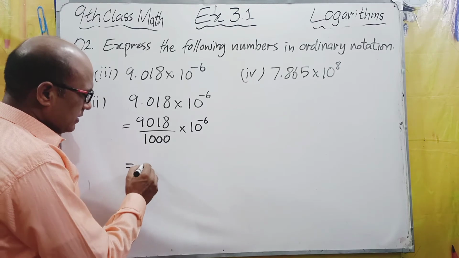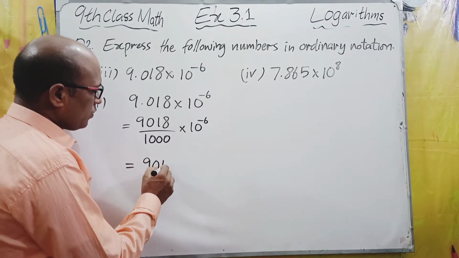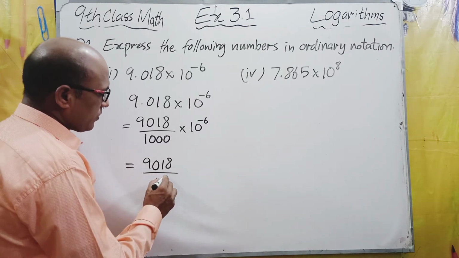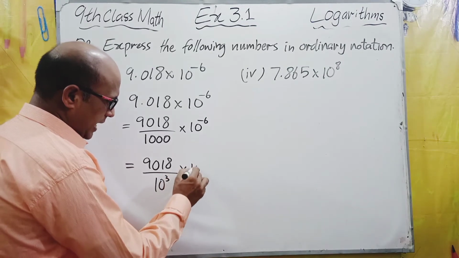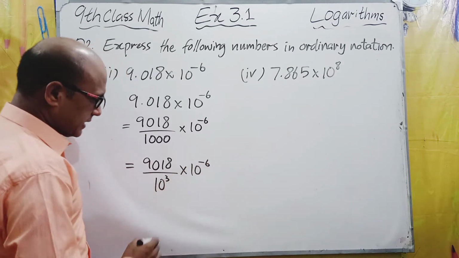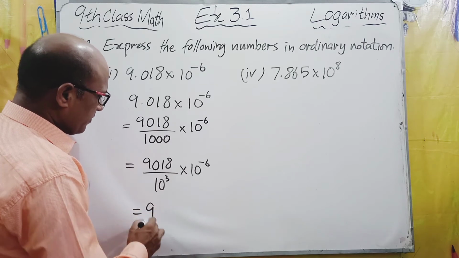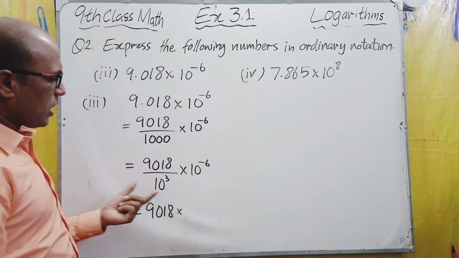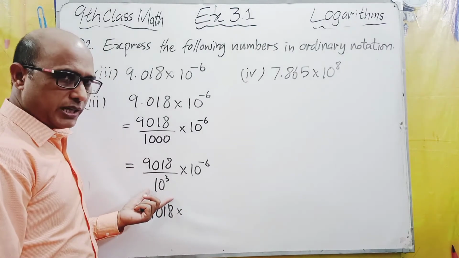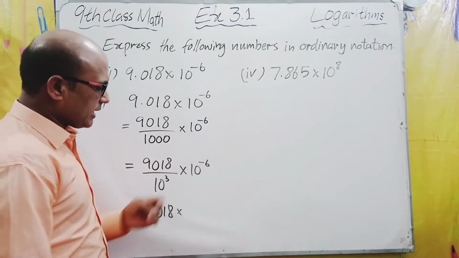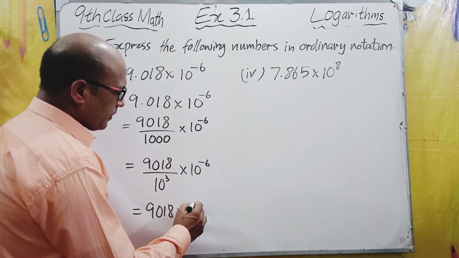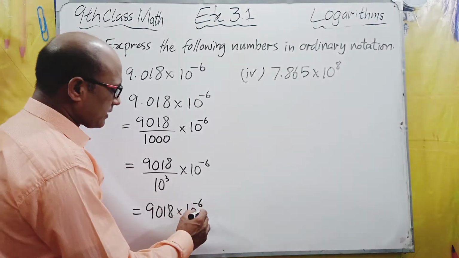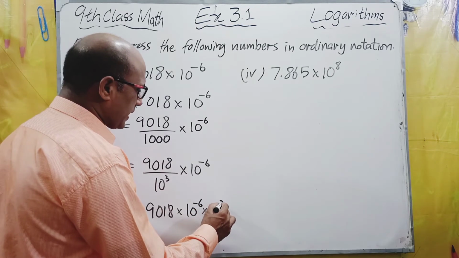Next, 9018 as it is, and 1000 will become 10 raised to the power 3, multiplied by 10 power minus 6. Next, 9018 as it is, and this denominator 10 raised to the power 3, students, we'll shift it to the numerator, where 10 raised to the power minus 6 is already there, multiplied by 10 power minus 3.